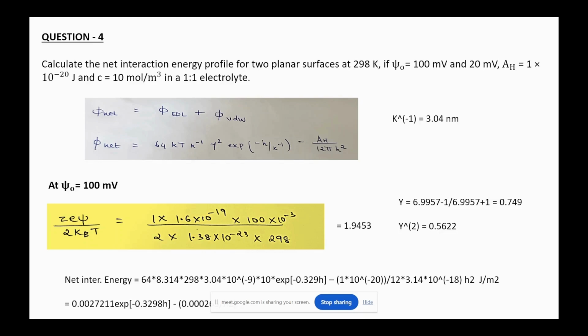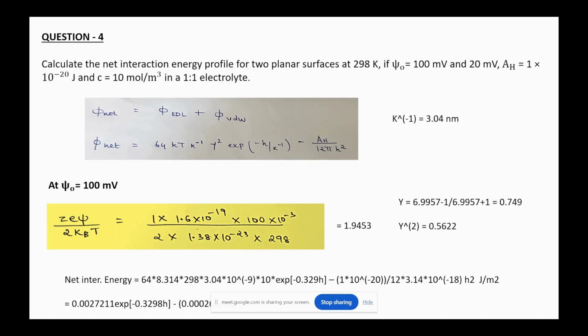When you talk about the net interaction energy, you have two contributions. One is the interaction between the electrical double layers of the two surfaces, and the next one is the van der Waals forces of attraction.